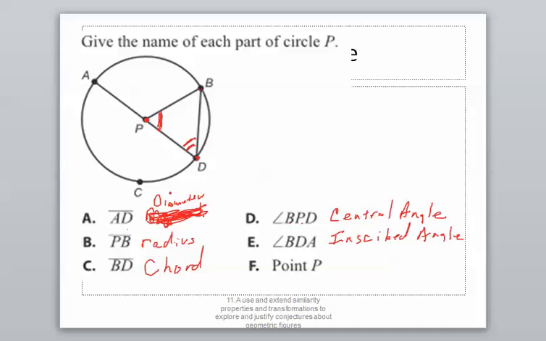The inscribed angle will always have its vertex sitting on the edge of the circle. Okay? And point P is the center of the circle.